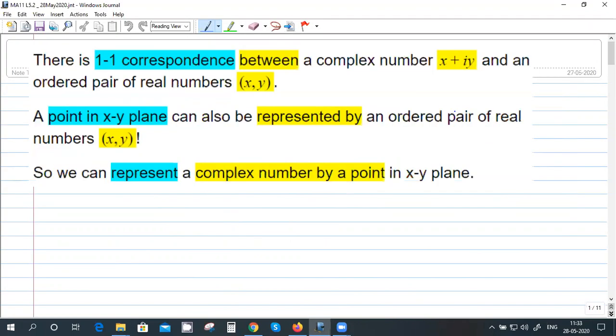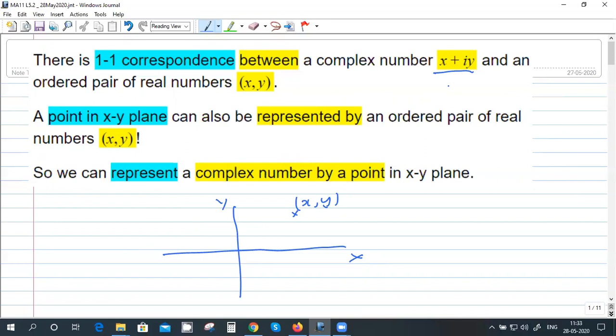Okay. So a complex number in general will have a real part and an imaginary part, right? Suppose I take a complex number and represent it as x plus iy, and I draw an xy plane. Any point in the plane will have coordinates x comma y, and a given complex number will have a unique x comma y.